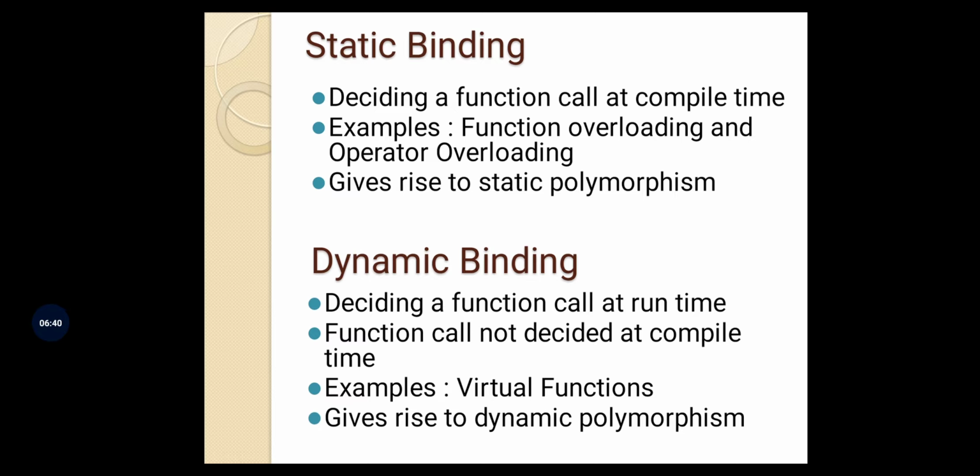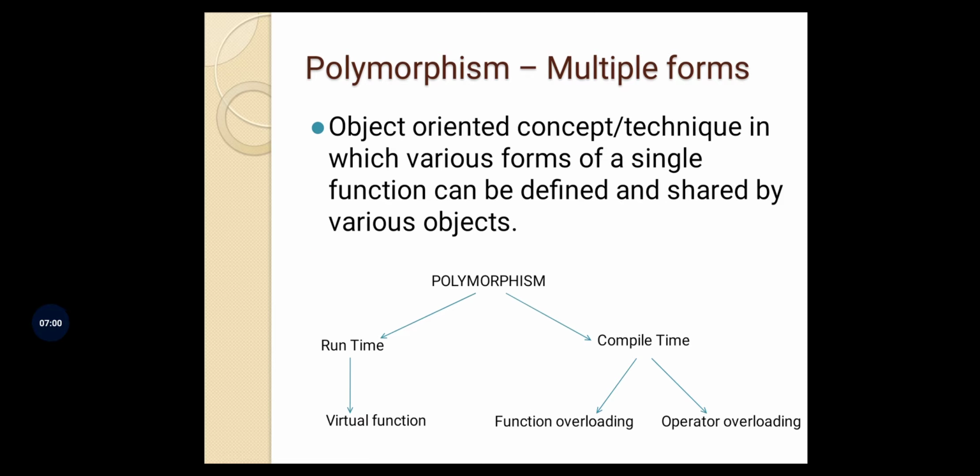However, the compiler has to play a role in implementing virtual functions, which are an example of dynamic binding. So with this concept of static and dynamic binding, and how the function call is decided at compile time or runtime, we move ahead and see the different forms of polymorphism.